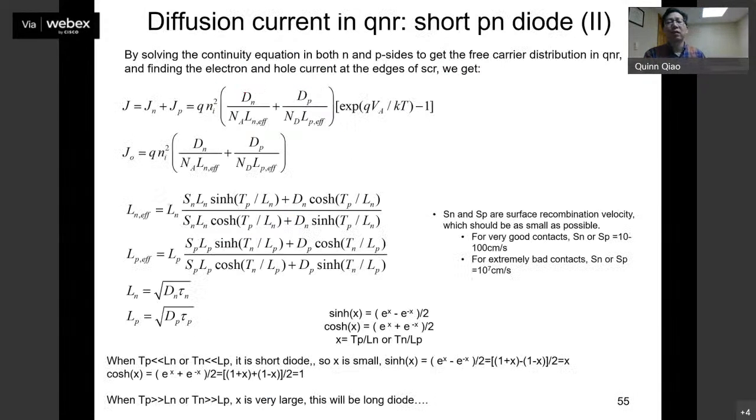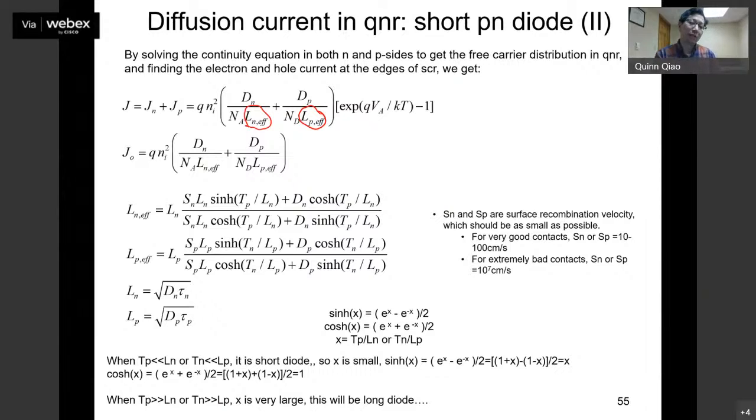So with the short diode, we can figure out similar things. The diode equation is similar. The only difference here is that it's not Ln. It's called the effective electron diffusion length on the P side, and the same thing here, the effective diffusion length of a hole in the N side.